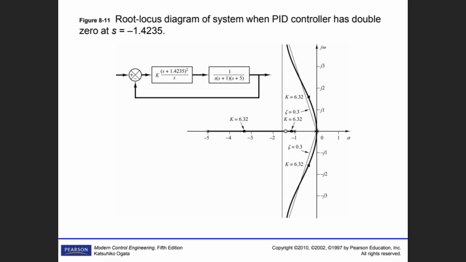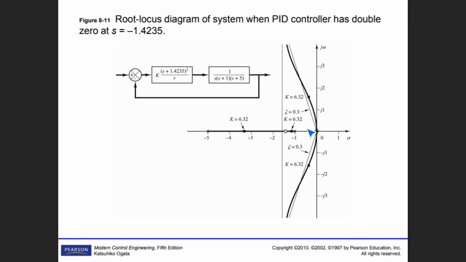Instead, that double zero should be shifted to this point. Look, the double zero is here. Where is it? 1.4. Now if I shift that double zero near to the origin, then it's going to be much better. This is what I should do.